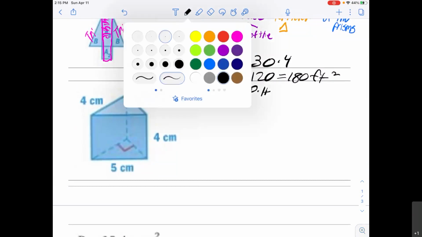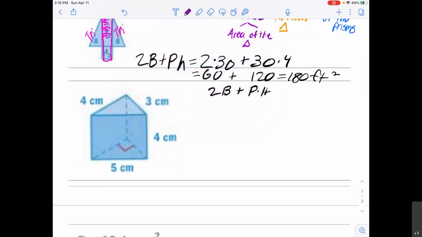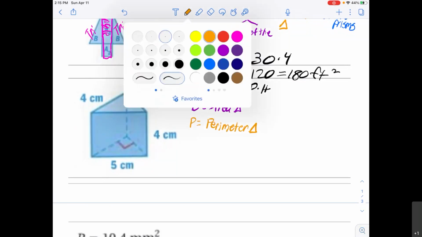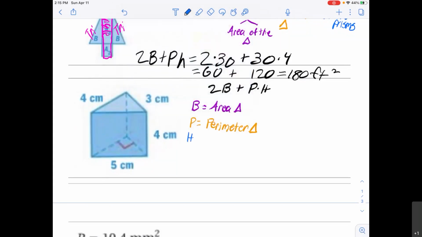So the first thing I need to do is find the base, which equals the area of my triangle. I need to find my perimeter, which is the perimeter of my triangle. And then I need to find my height, which is the height of my prism.